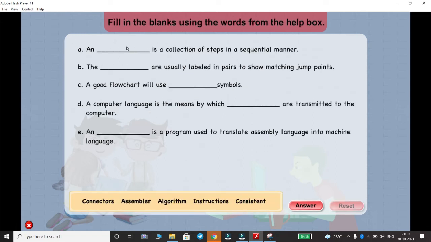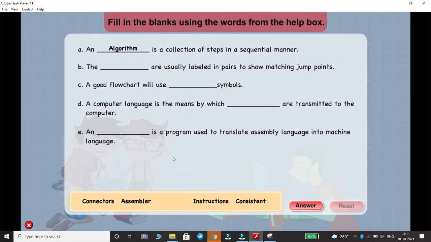Filling the blanks. First question. An dash is a collection of steps in a sequential manner. Answer is algorithm. Second question. The dash are usually labeled in pairs to show matching jump points.